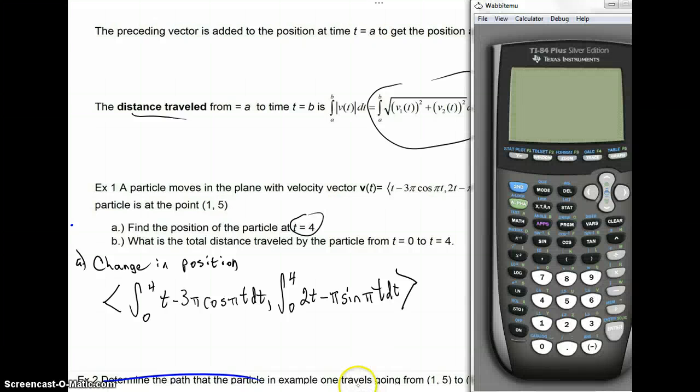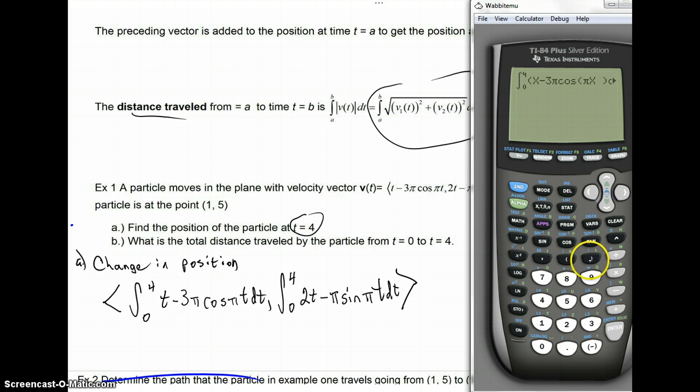Well, let's get the calculator out real quickly and see what's going on here. We can hit Math 9, get an integral up, go from 0 to 4. And inside here, we can even type this out as x's, x minus 3 pi, so we'll go second pi over here, cosine of pi t, or pi x in this case.